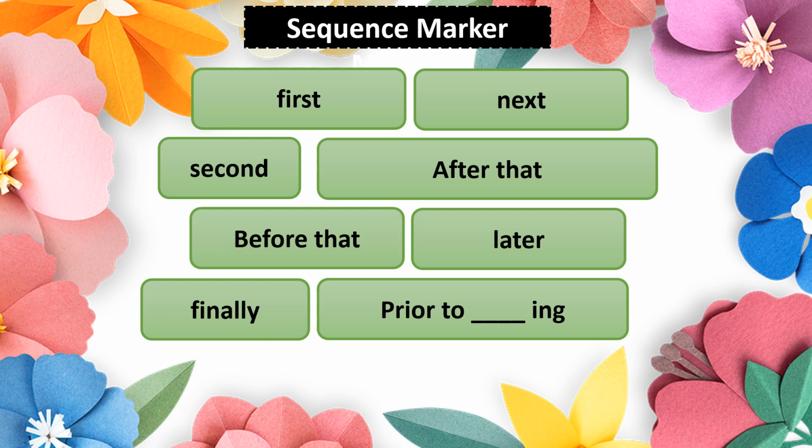Your story will have a good flow if you use sequence markers. For example, first, next, second, after that, or before that, later, finally, or prior to something.